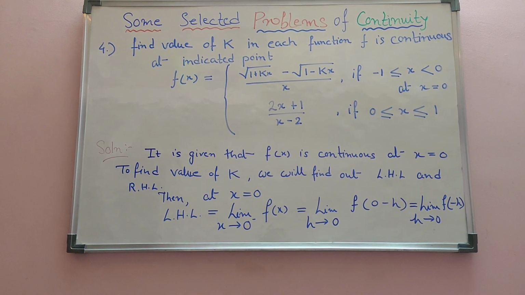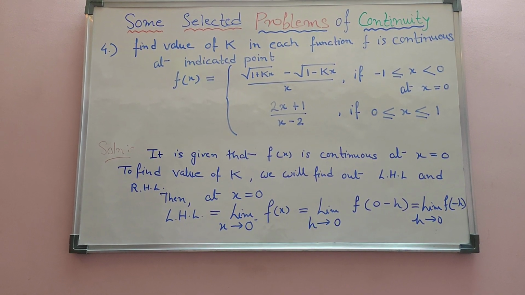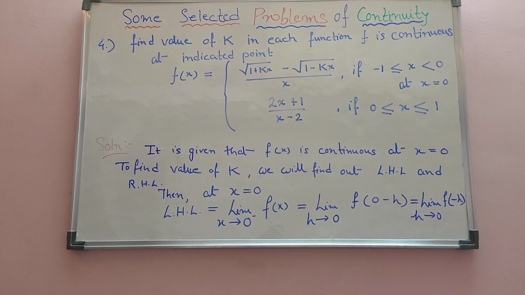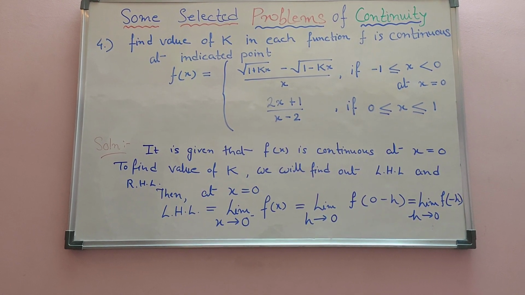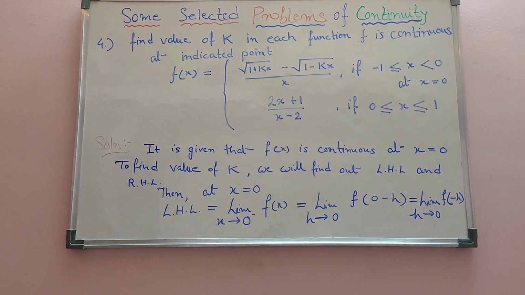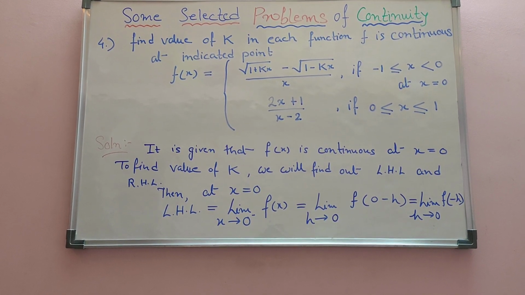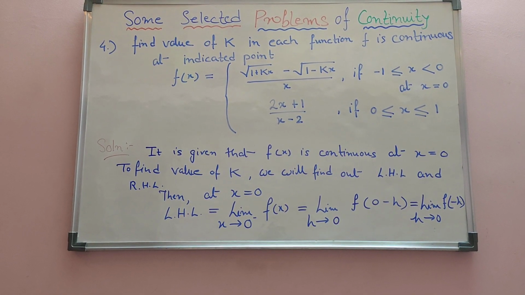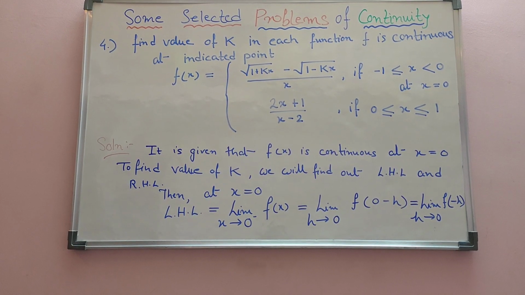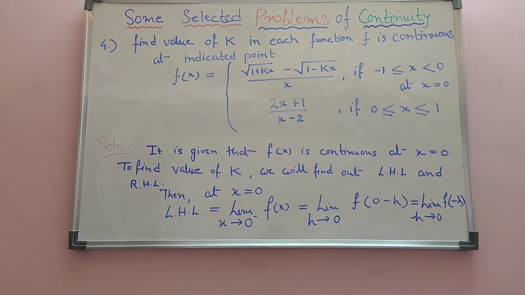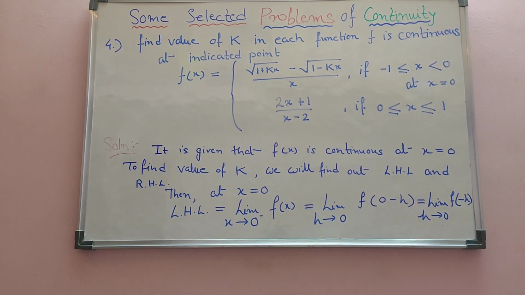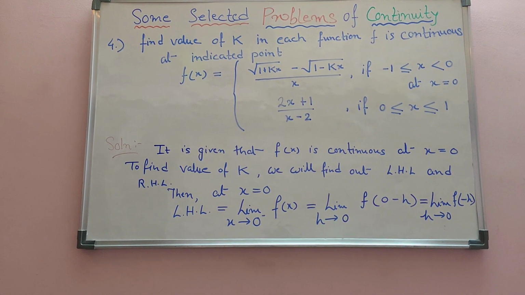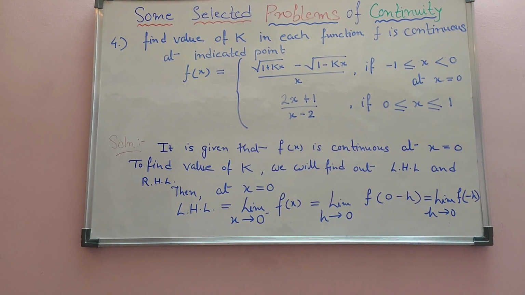That's why we have to find the value of k here. If you find the value of left hand limit and right hand limit, then we will get the value of k. So first of all, left hand limit equals limit x tends to 0, because we have to find the k value when the function is continuous at x equal to 0.